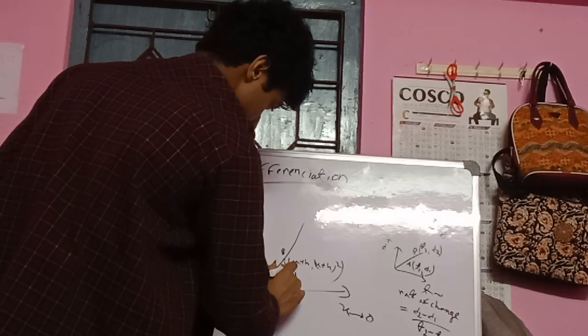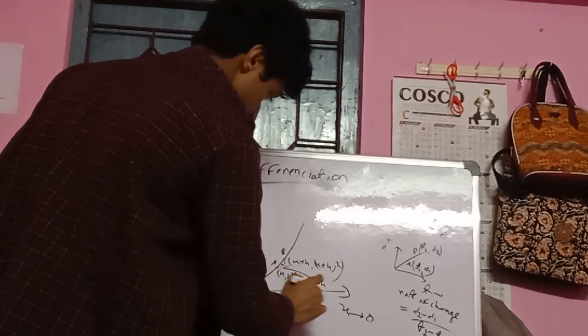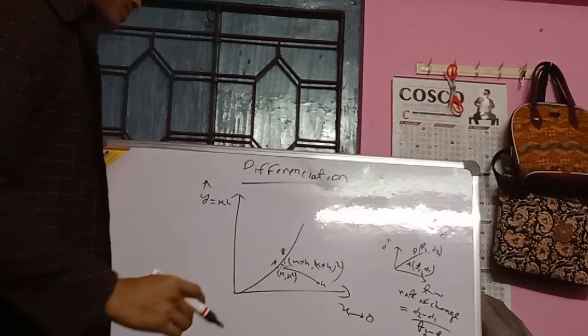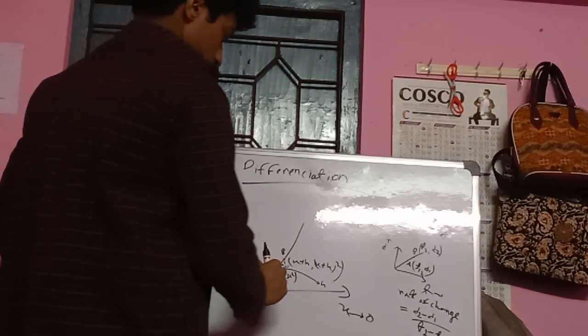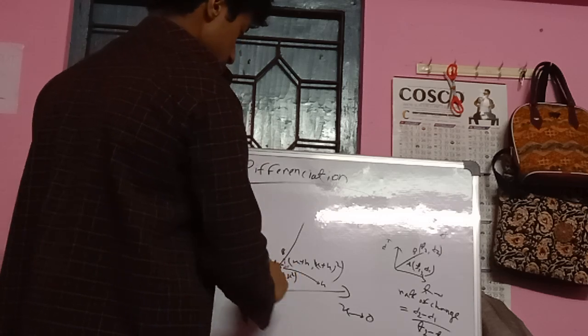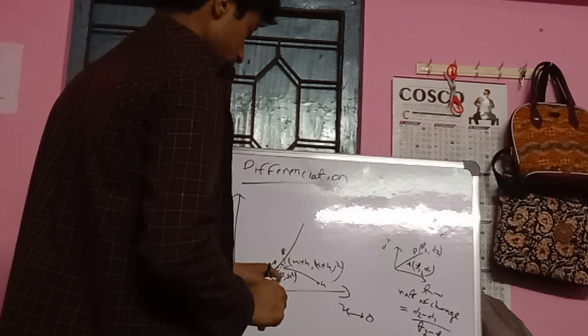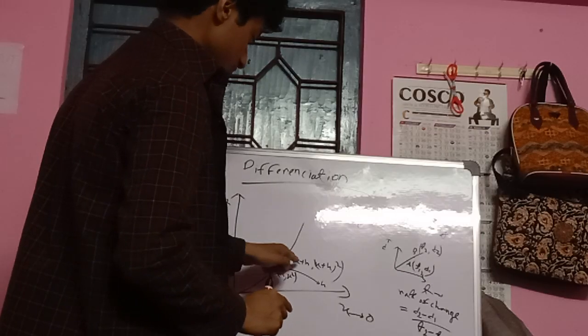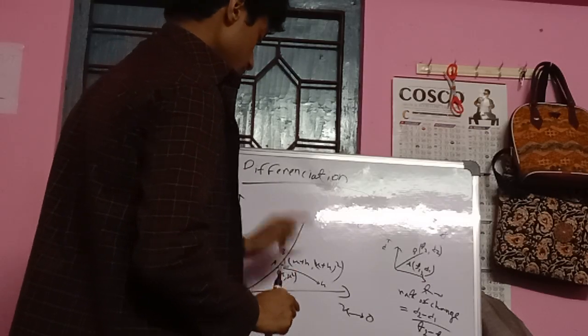I don't know if you guys can see that properly, so let me try it here. This much is h. So since h is the distance between A and B, if the x coordinate of point A is x, the x coordinate of point B would be x plus h.